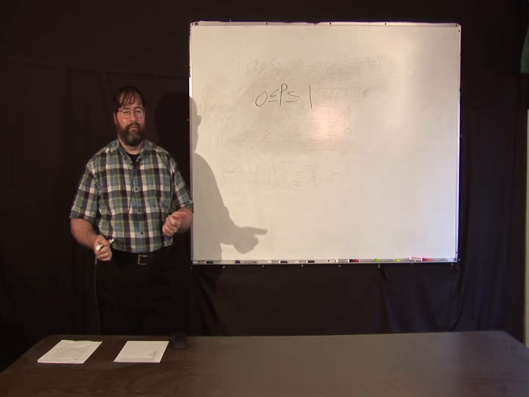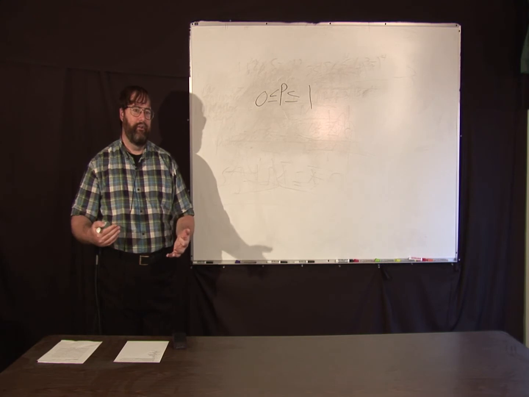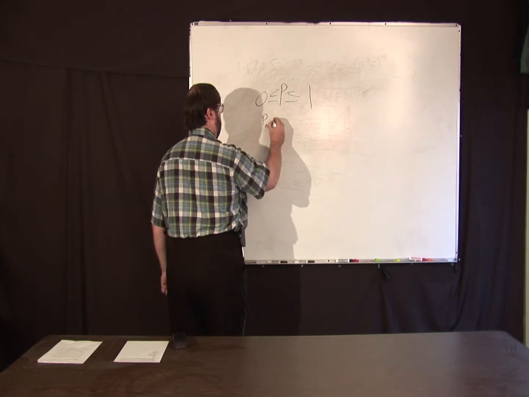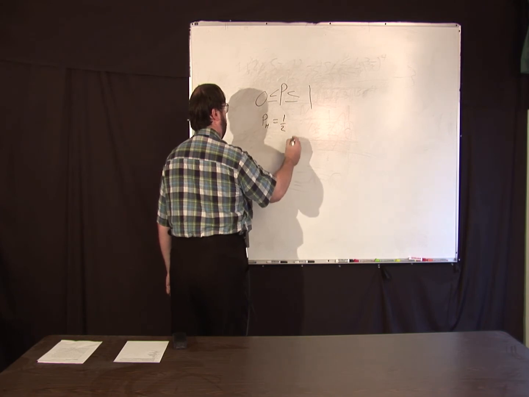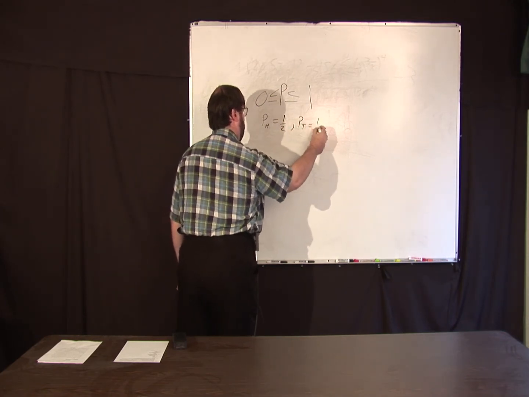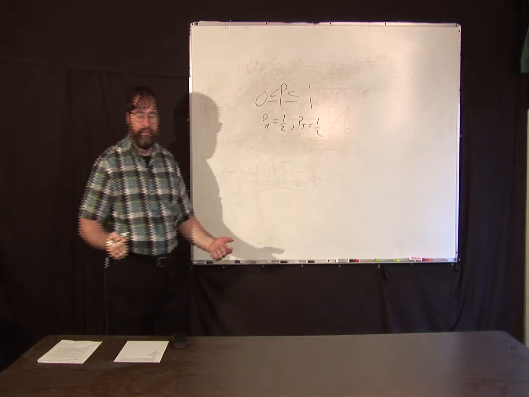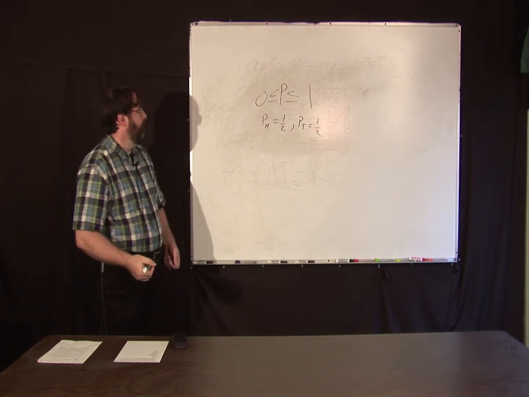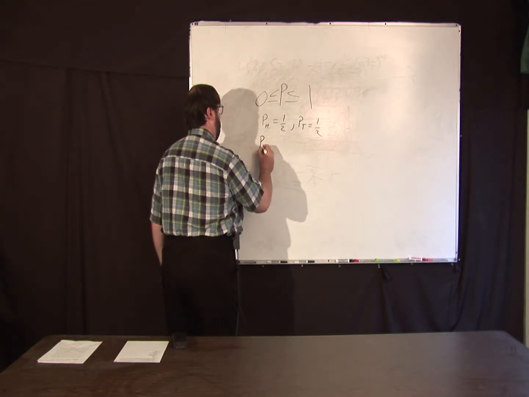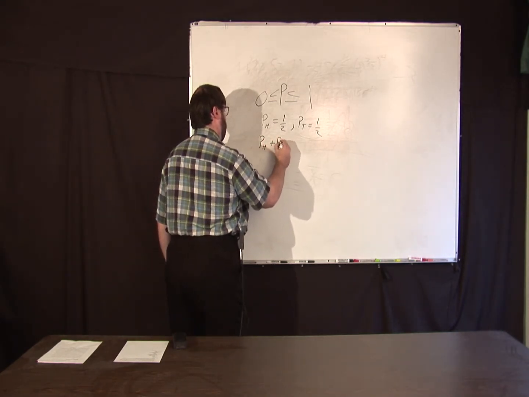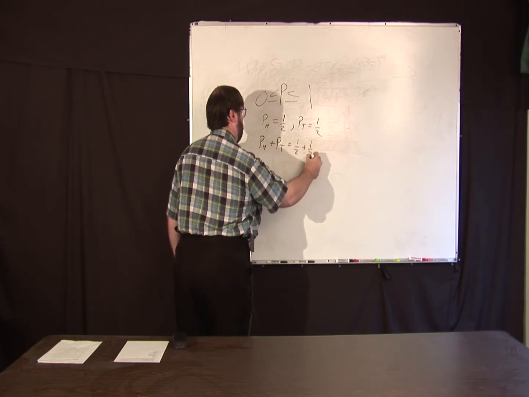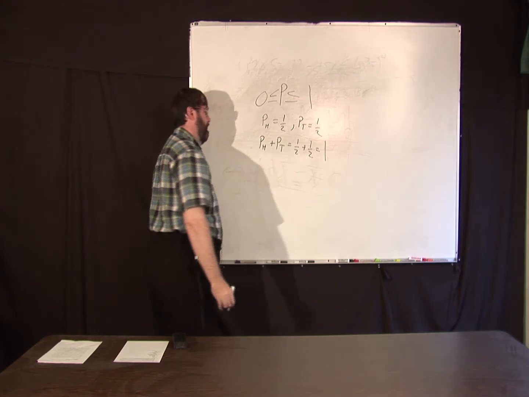If a coin's fair and a head and a tail are equally likely, the probability of heads equals 1/2. The probability of tails equals 1/2. There should be no surprise. Okay. One thing you should notice, probability of heads plus the probability of tails equals 1/2 plus 1/2 equals 1.